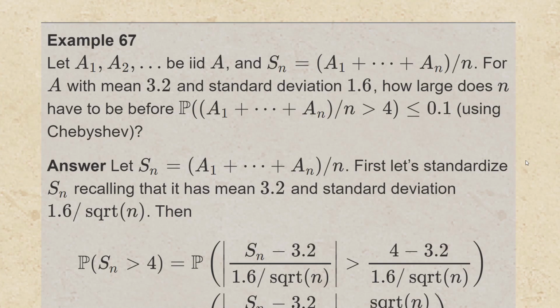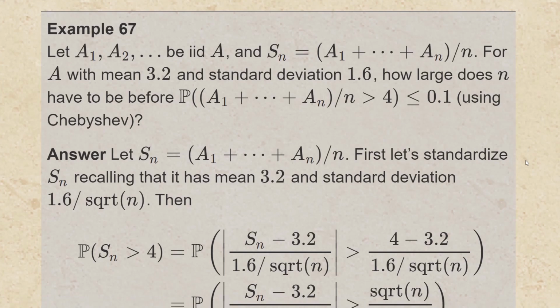Well, using S sub n as the sample average of the first n of the A sub i, we can standardize S sub n, recalling that it has mean 3.2 and standard deviation 1.6 divided by the square root of n. So the probability that S sub n is at least 4 is the same as the probability that the standardized version of S sub n in absolute value is at least 4 minus 3.2 divided by the quantity 1.6 over the square root of n.